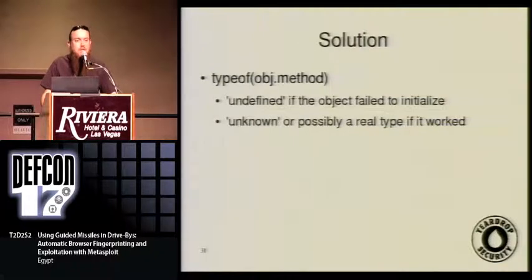If it's an ActiveX method, then it'll come back as an unknown type, which I think is a little weird, but suits our purposes well enough as long as it's not undefined. The other possibility is that it comes back as some regular JavaScript type, like integer or string or whatever. At that point, I don't really care, just so long as it's not undefined.